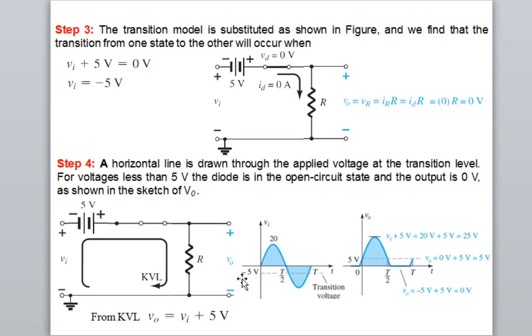So this was the transition voltage. When you draw the output voltage, it will be 5 volt greater than the input voltage. So corresponding to the transition voltage of minus 5 volt, you have to draw a plus 5 volt transition level in the output.